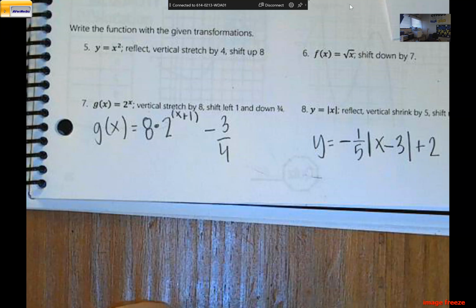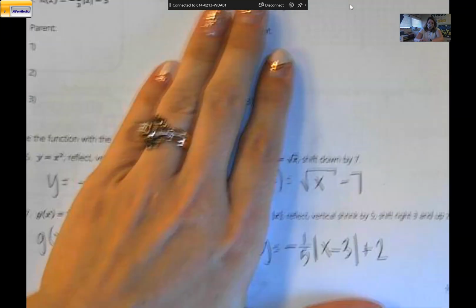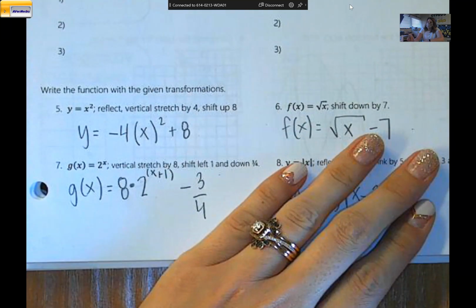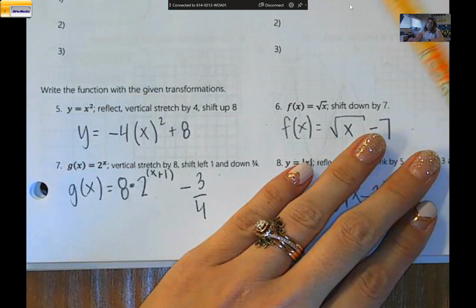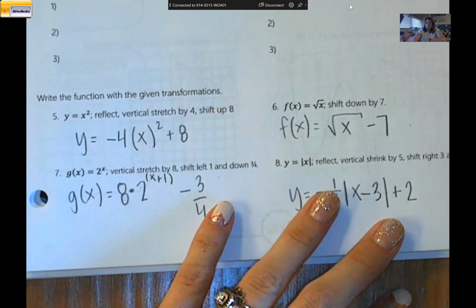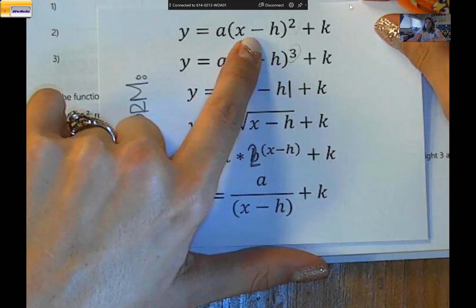Okay. Let's check in. On number 7, I have -4 and then x squared plus 8. And I wrote my parenthesis on the x because I just followed this thing left to right.